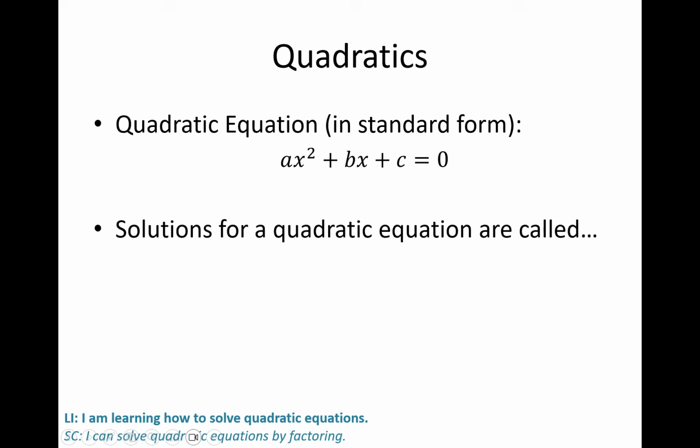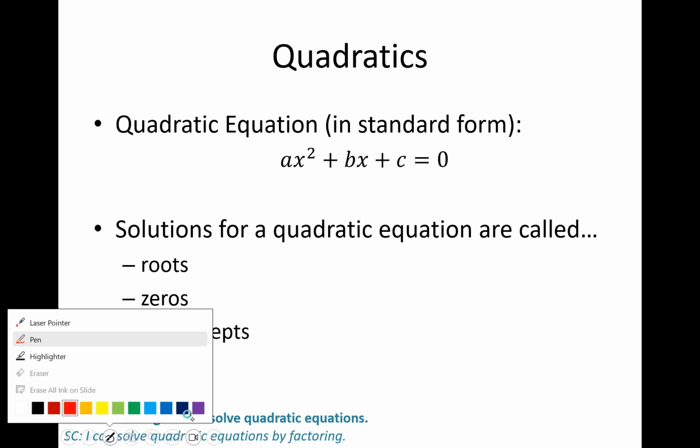Then solutions for a quadratic equation have multiple names that we're going to try to learn and use interchangeably. So we have roots. Sometimes we call them zeros, x-intercepts, and then, of course, solutions. Let me get my pen going here.